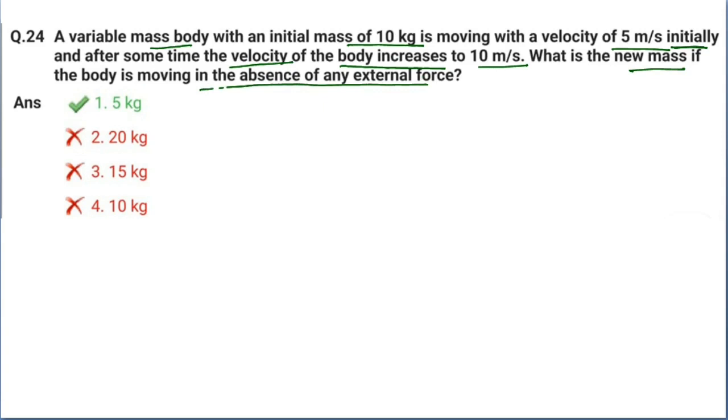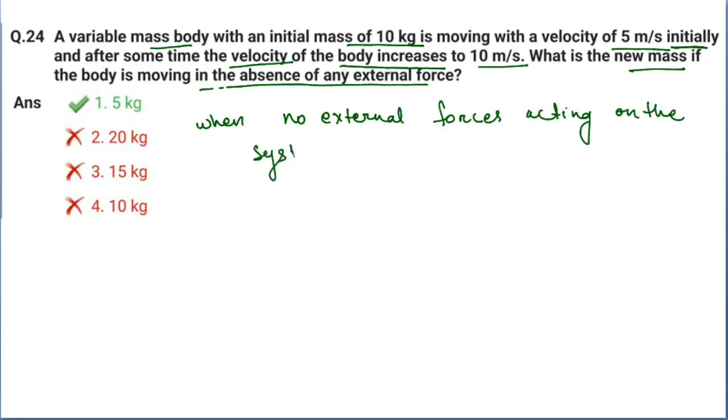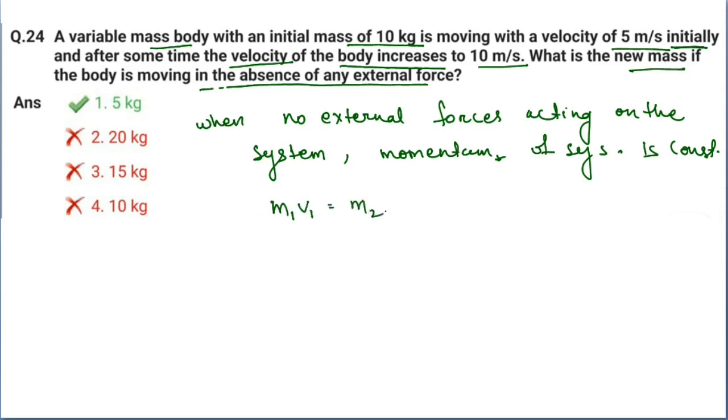When no external forces are acting on the system, the momentum of the system remains constant. That means we can write the equation m1 v1 is equal to m2 v2.